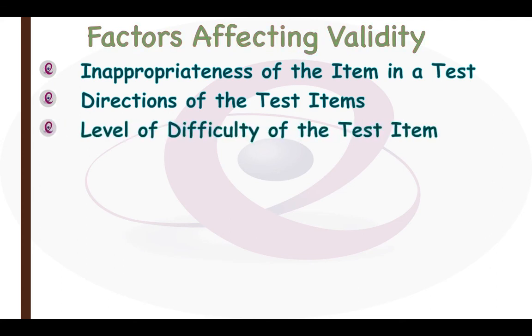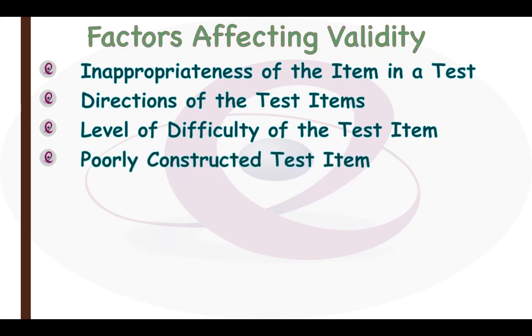If the test item is very easy or very difficult, that cannot distinguish or discriminate between the bright and the poor student, it may affect the validity. We have to make the test items that are of intermediate difficulty. The items unintentionally sometimes provide the clues which lead to the answers.